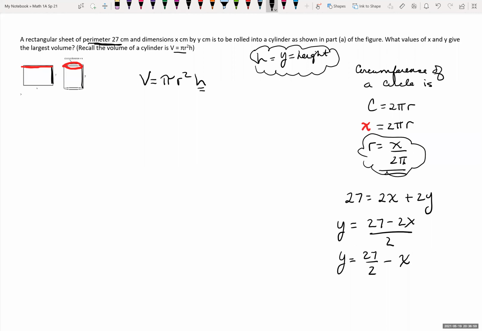Okay, so let's plug it into our volume function. We have our volume is equal to pi times r, where r is x over 2 pi, quantity squared, times our height, which is y, but y is also equal to 27 halves minus x.